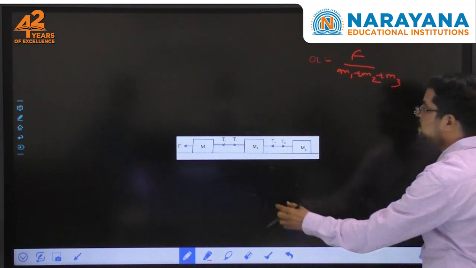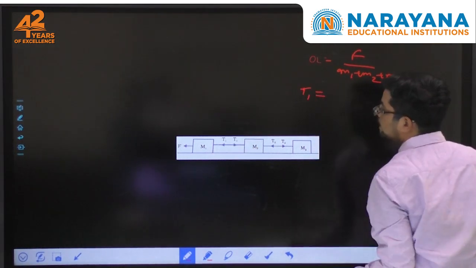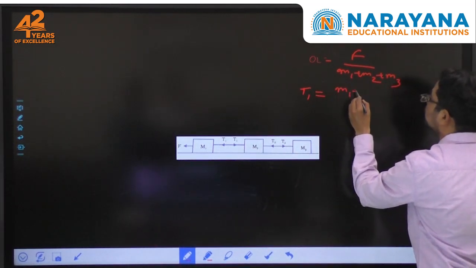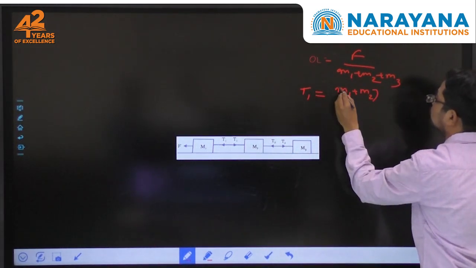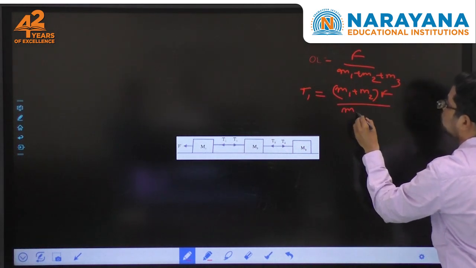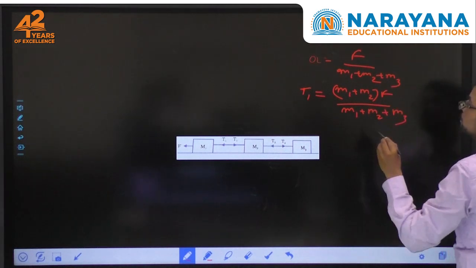In the same way, tension T1 is equal to (m1 plus m2) of F by (m1 plus m2 plus m3).